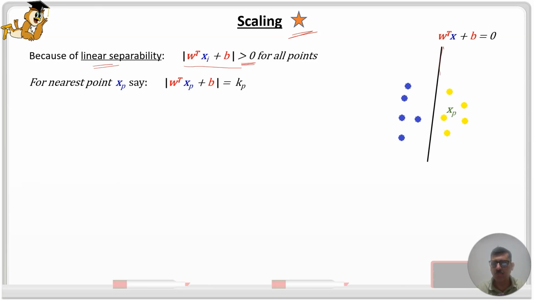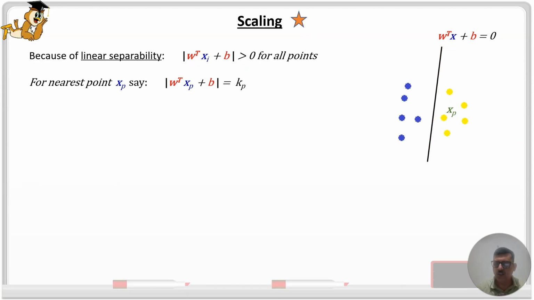This is your separating hyperplane right here, with the equation W transpose X plus B equal to 0. If you were to evaluate this for any point in the data set, the modulus of W transpose xi plus B would be greater than 0, because the distance of each point from this separator is greater than 0, right?